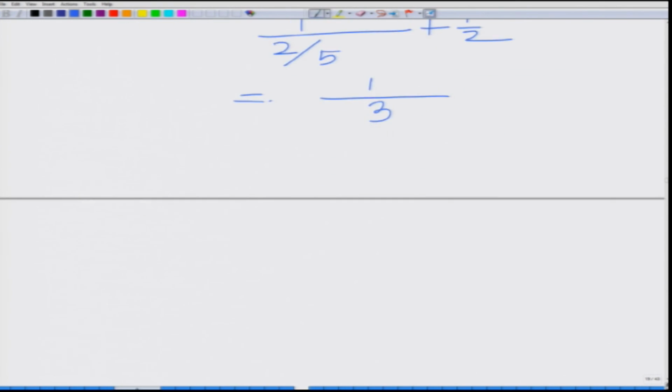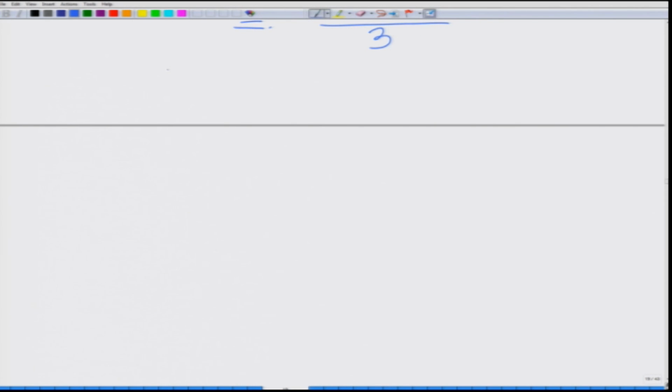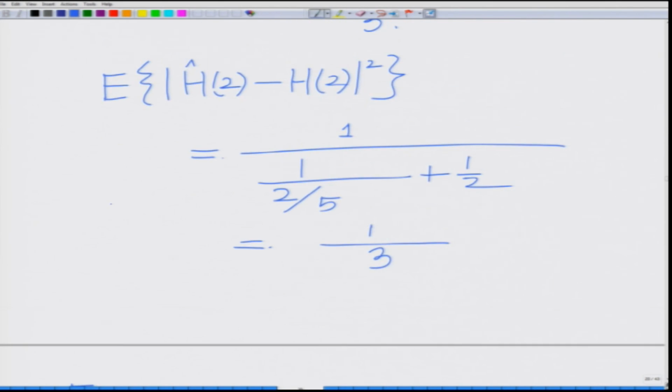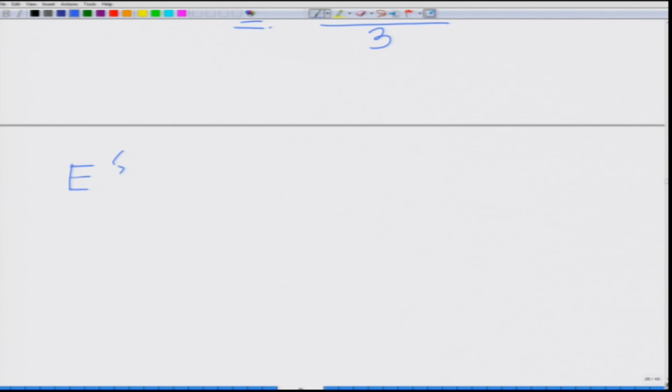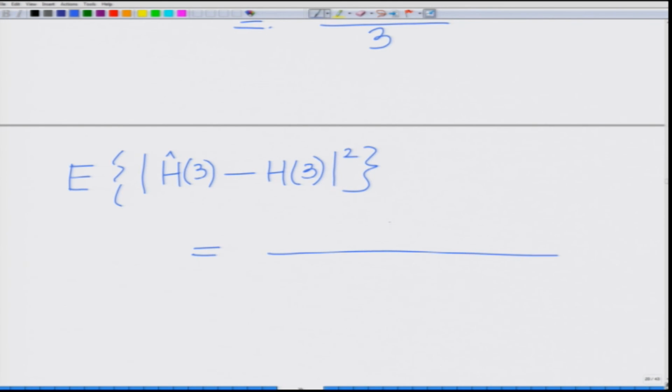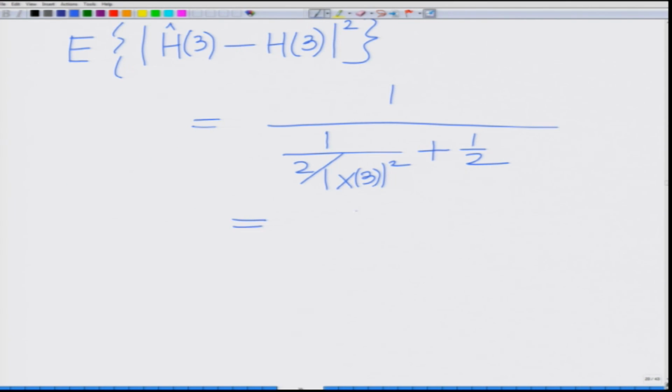Finally, for h hat 3, we can find that it equals 1 divided by 1 divided by 2 divided by magnitude x3 square plus half. Again you can check, this will again be 1 by 3.